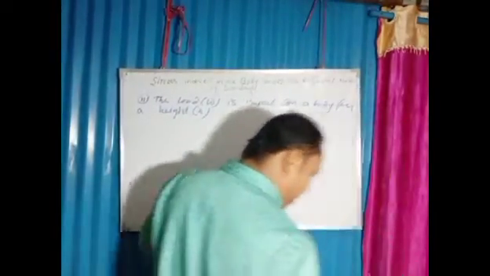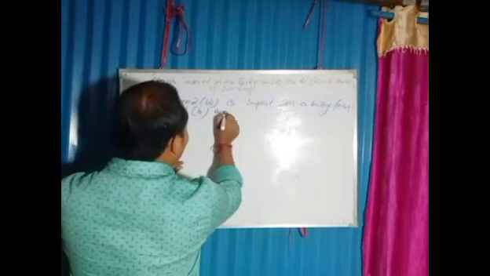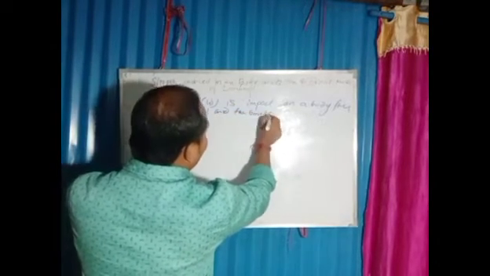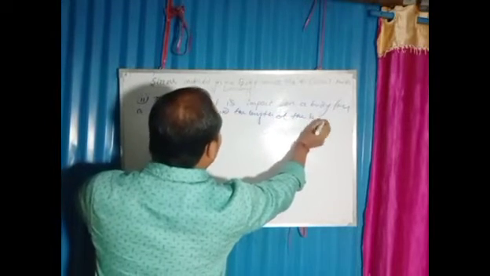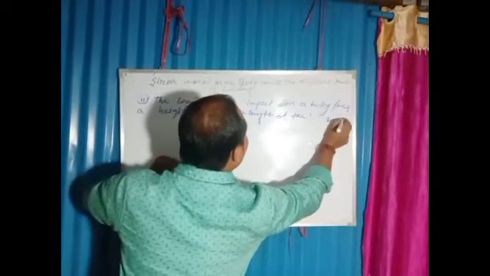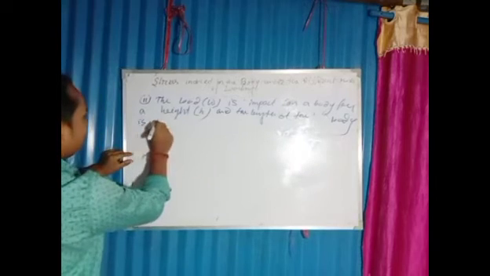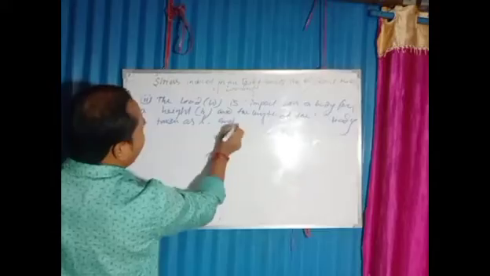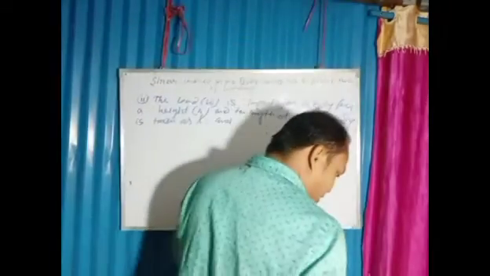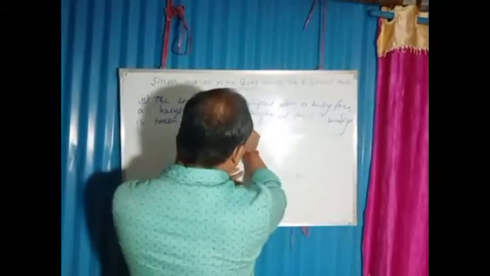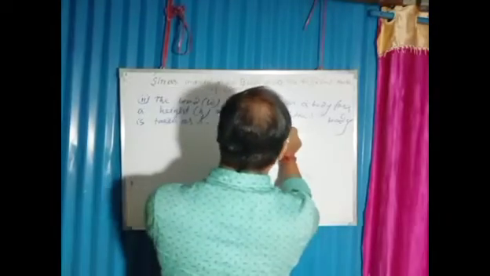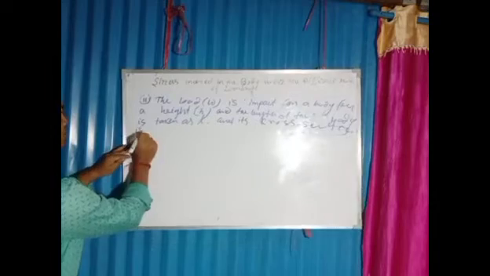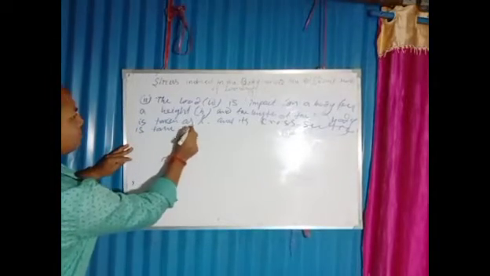The length of the body is taken as L, and its cross sectional area is taken as A.